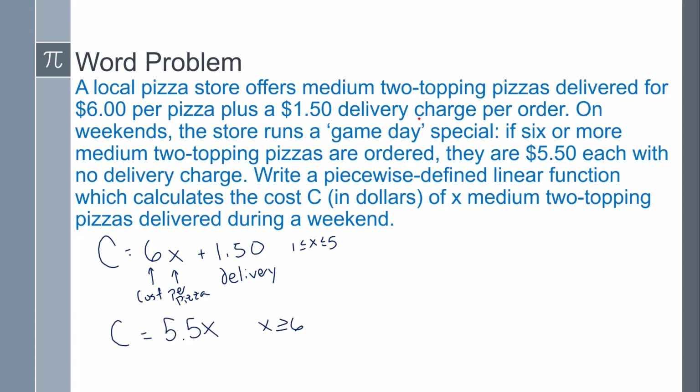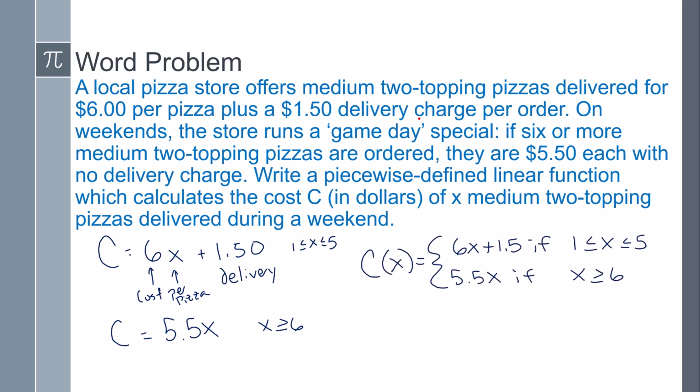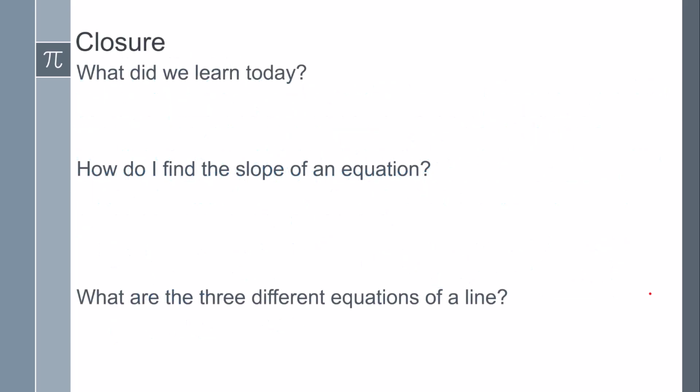That's just $5.50 with no delivery charge. So that's 5.5x, where x is greater than or equal to 6. So now we piece them together. We put them into a piecewise function. So c of x equals, and we have our first scenario up here, and our second scenario down there.